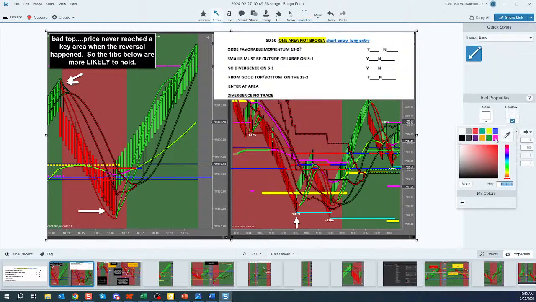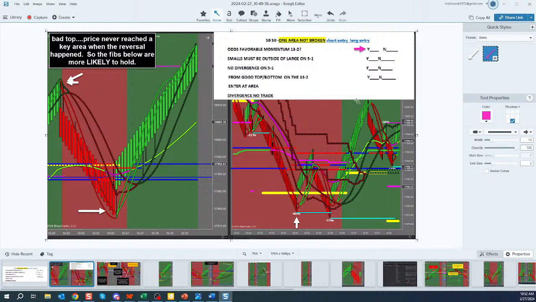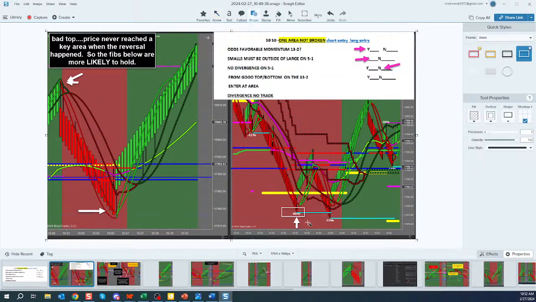We had odds favorable momentum, absolutely. The smalls were outside of the large on the small chart, absolutely. And then it says no divergence on the 5-1, guys. So this was your first big red flag for going short. Why?